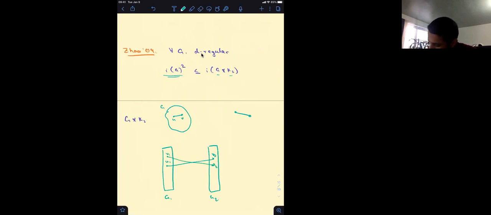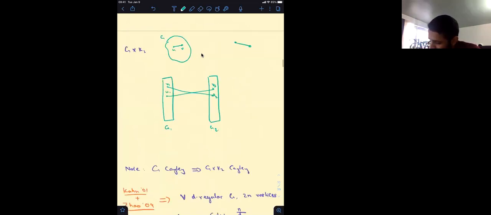To construct G cross K2, you make 2 copies of the vertices of G, call them G1 and G2. If you have an edge UV, you put an edge from U1 to V2 and from V1 to U2. This symbol shows how you put edges between them. So Zhao shows that for every d-regular graph, the number of independent sets squared is at most the number of independent sets of G cross K2.